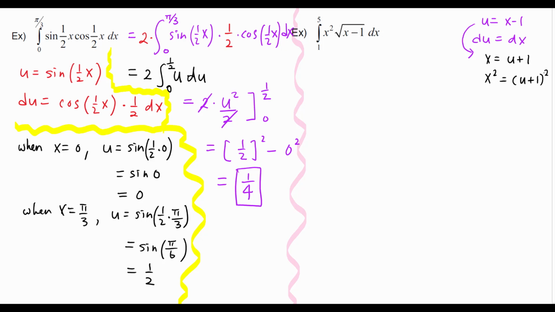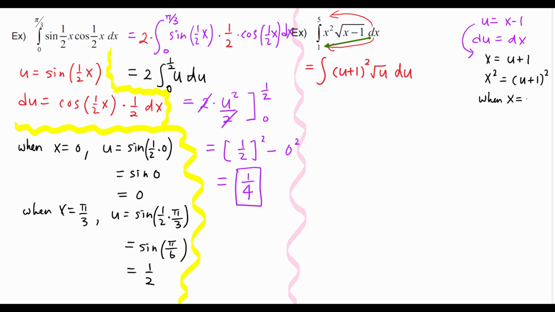So now I'm ready to do the substitution. Integral of x squared is now u plus 1 squared, and I have a square root of u, and dx is du, so I have a du. And now remember, these are limits for x, so I need to change them to limits for u. When x equals 1, what's the lower limit?